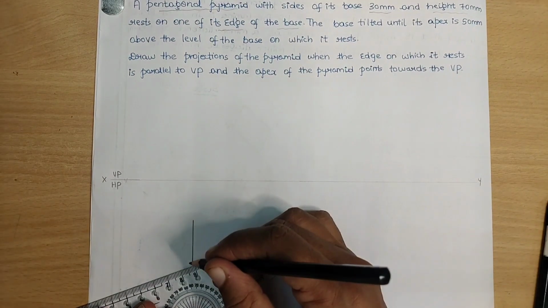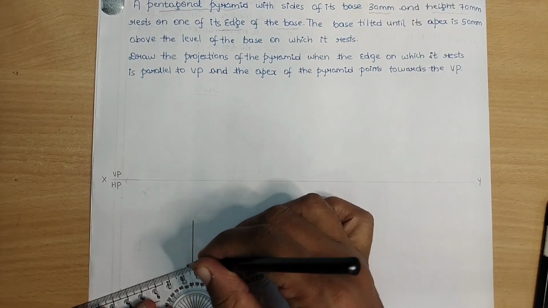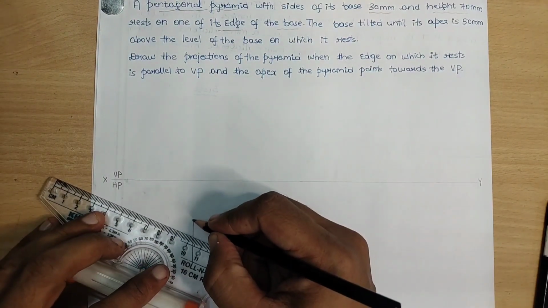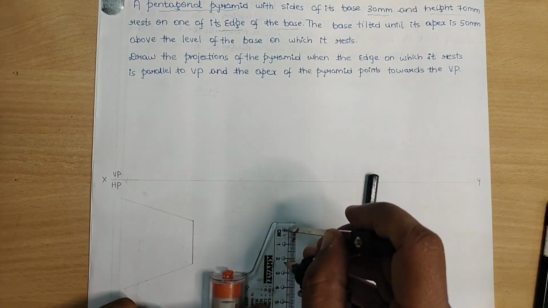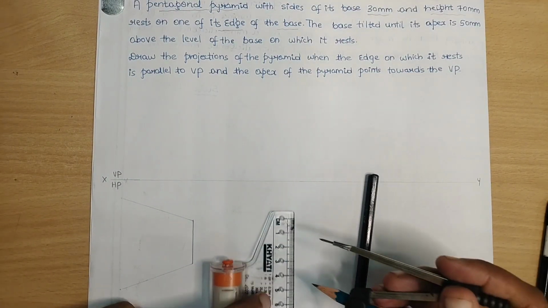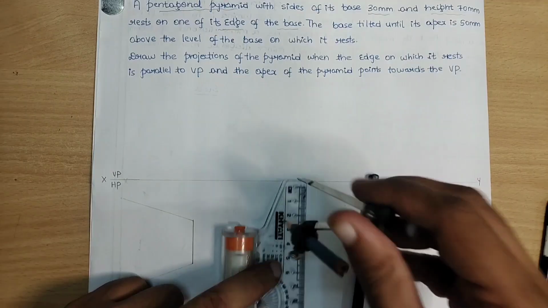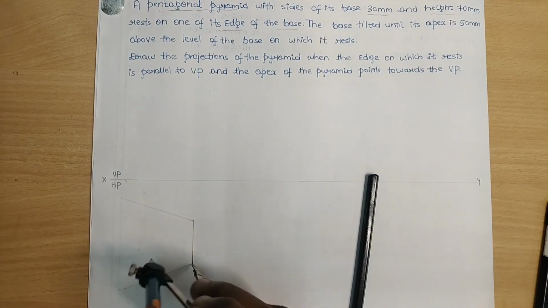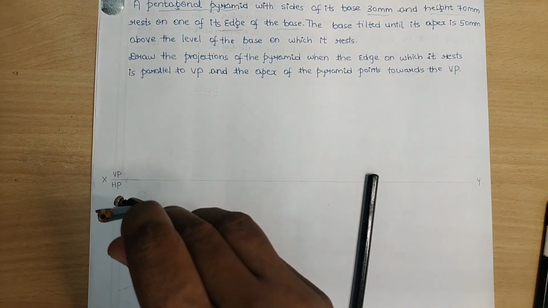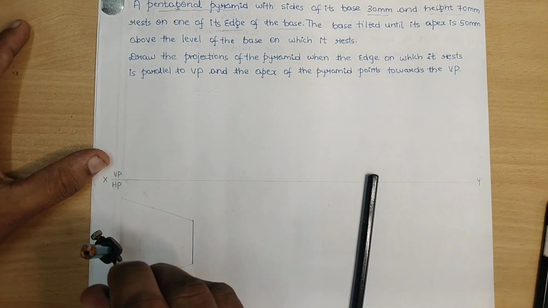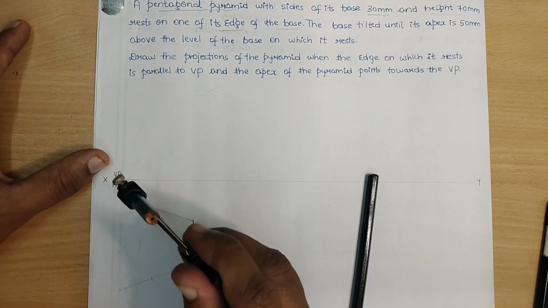Now let me construct a line at an angle of 72 degrees. So this is the 72 degree line, followed by the next 72 degree line. The side of the pentagon is given as 30 mm. I will measure 30 mm in my compass. With this point as a center, I will cut one arc, followed by this point as a center, I will cut one more arc. From this intersection point, I will cut one more arc to get the last point.